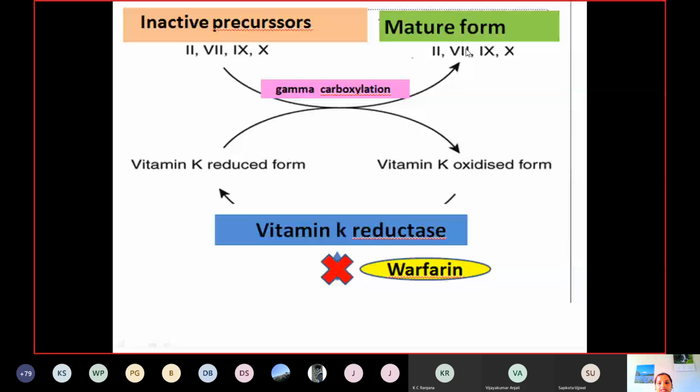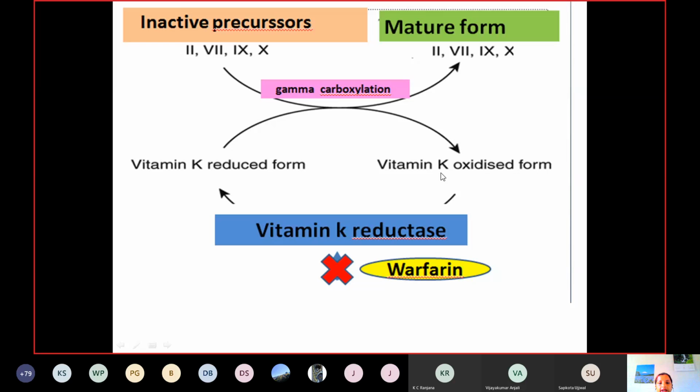These factors get activated, and thereby they have the capacity to bind to other substances like calcium and phospholipid to initiate the cascade of reactions. Now vitamin K is in the oxidized form, and again it has to be converted into the reduced form for the gamma carboxylation of the clotting factors. This is done by vitamin K reductase, that is, the oxidized form is converted into the reduced form with the help of an enzyme known as vitamin K epoxide reductase.